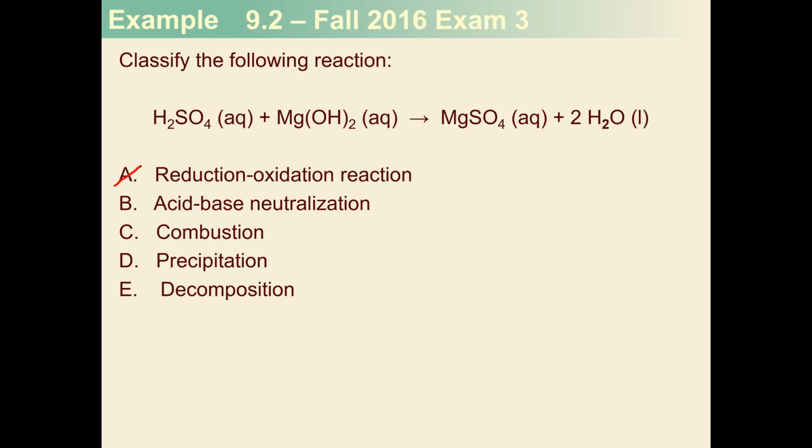Now, this is important here because for B, an acid-base, we will notice that we have sulfuric acid. In the case of an acid-base neutralization, we are going to take an acid and a base to form a soluble salt that we see right here and water. So in this case, we are going to have an acid-base neutralization.